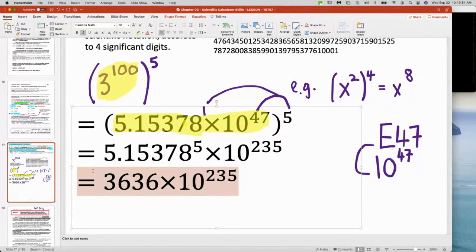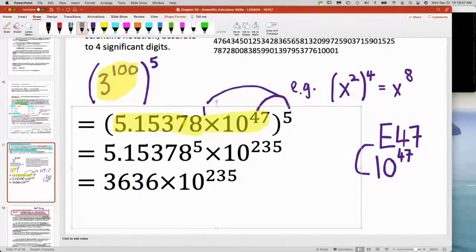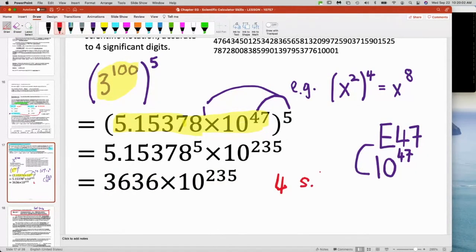Yeah, I'm going to skip the decimal, not because it's bad, but because the question says 4 sig figs. 4 significant digits. That's the only reason that I'm dropping the decimal there.